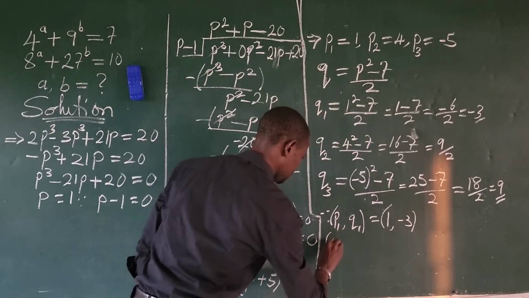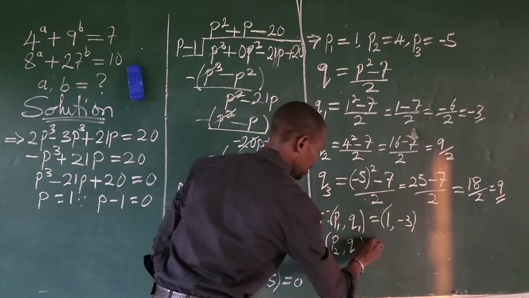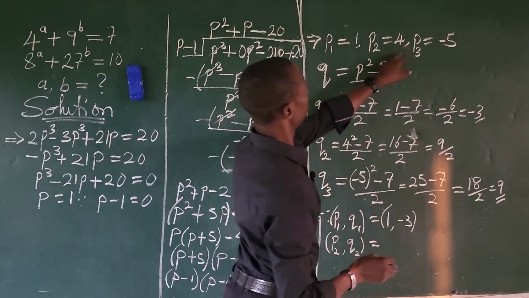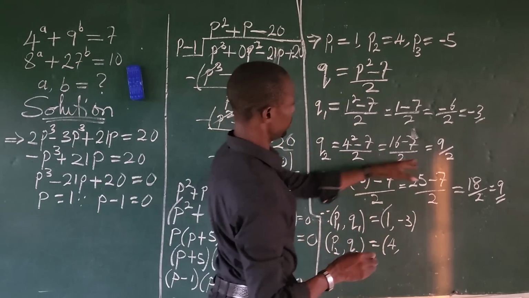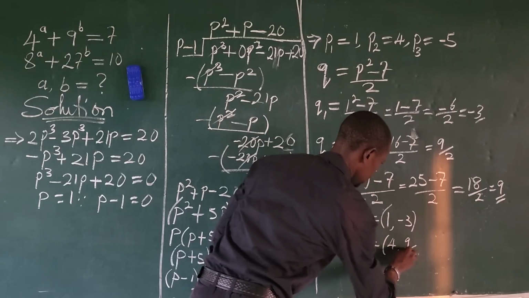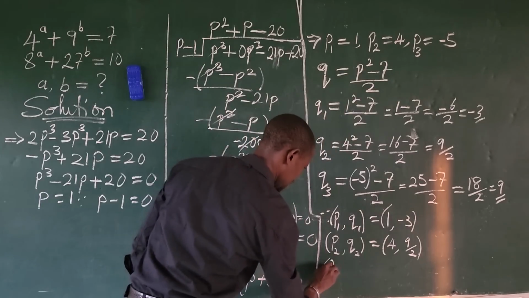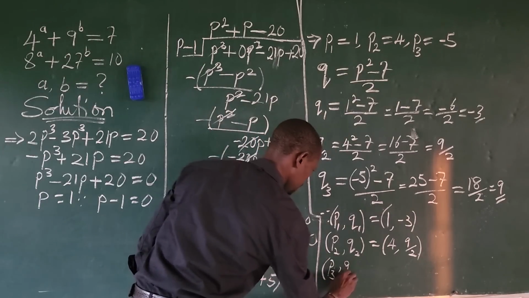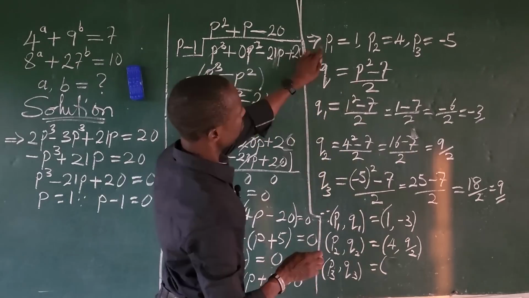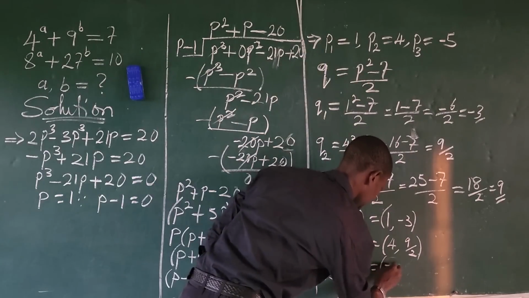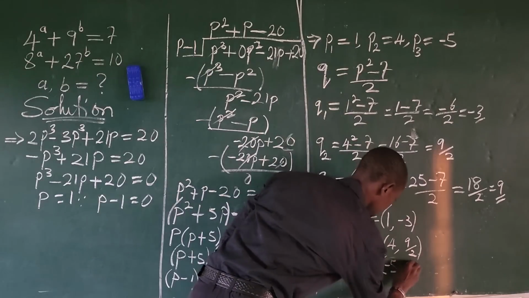There our P2, Q2 is equal to 4, comma, 9 all over 2. Close bracket. Then our P3, Q3 is equal to minus 5, comma, there you have 9.